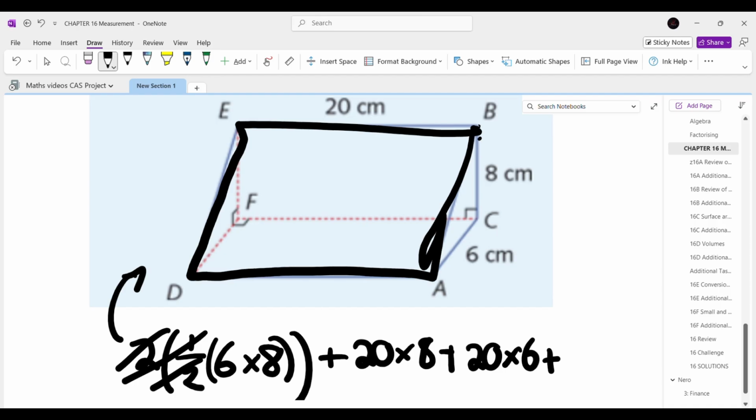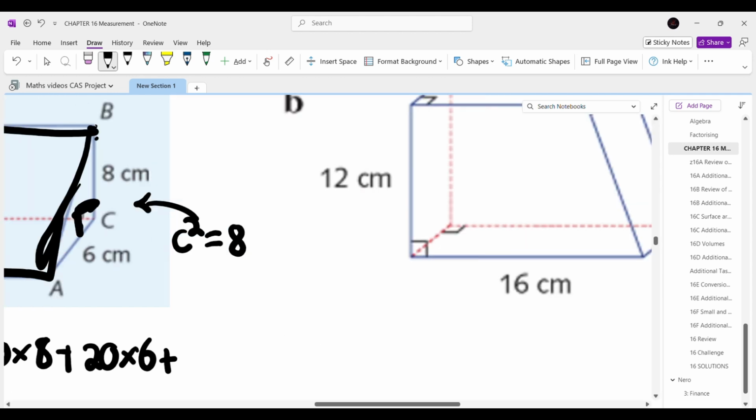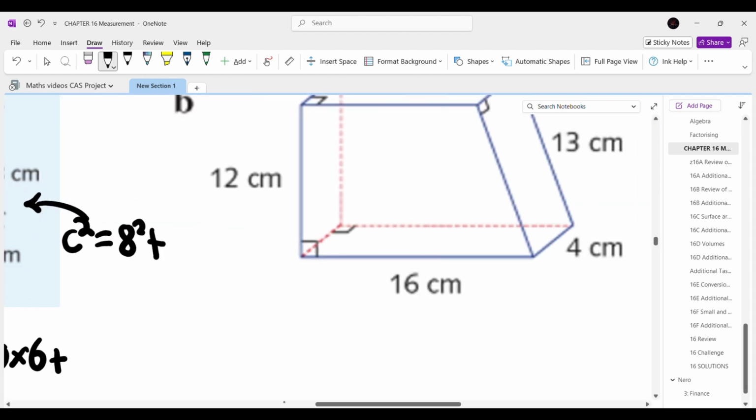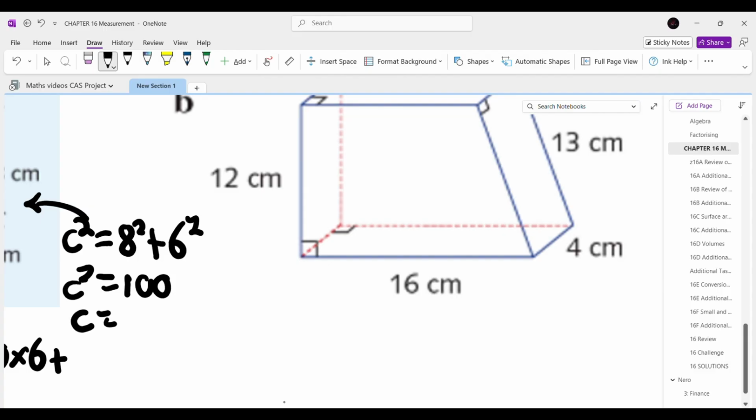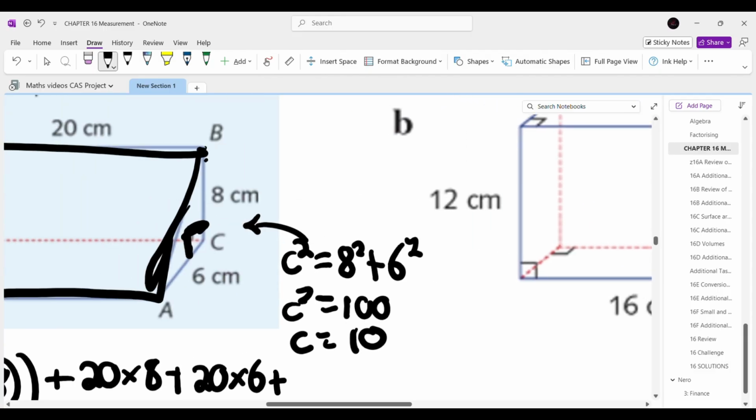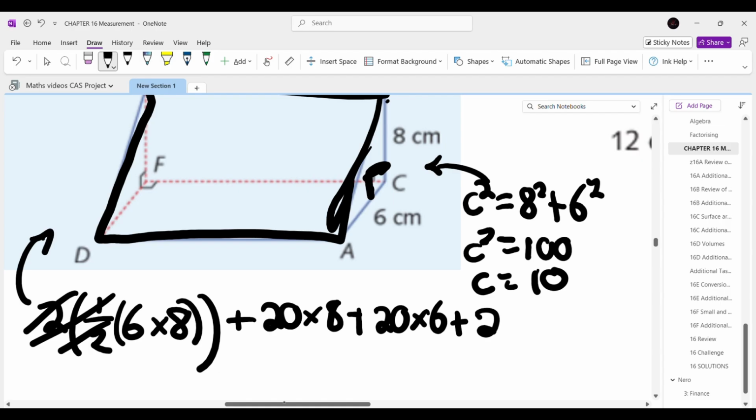This area right here, obviously you have a right angle triangle. We're going to have to use Pythagoras, because this is the long hypotenuse side. So you have c squared equals 8 squared plus 6 squared, which is just equal to 100, and then c is the square root of 100, which is 10, so it's just 10 times 20.